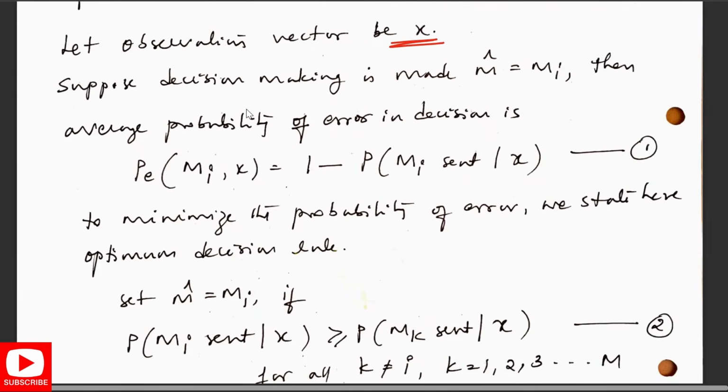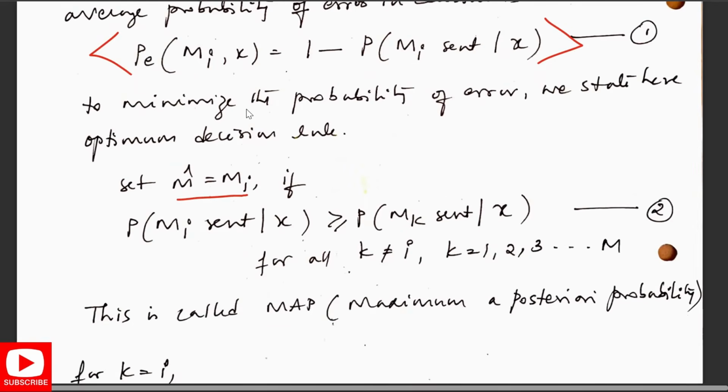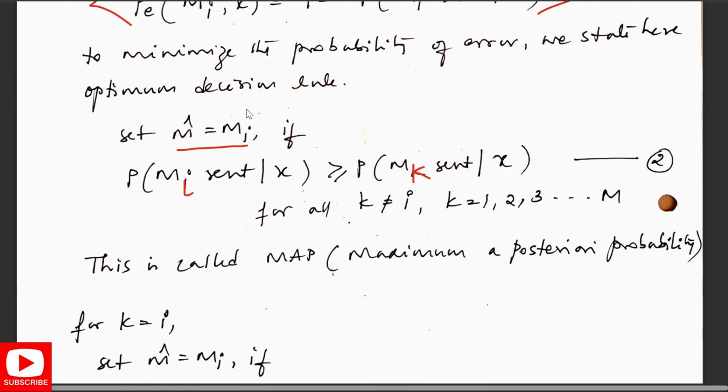Suppose the decision is made as m cap equal to mi, then the average probability of error is given by P of error given x equal to 1 minus P of mi sent given x. To minimize the probability of error, we state the optimum decision rule: mi should be greater than or equal to mk, where k is not equal to i and k is 1, 2, 3 till M.